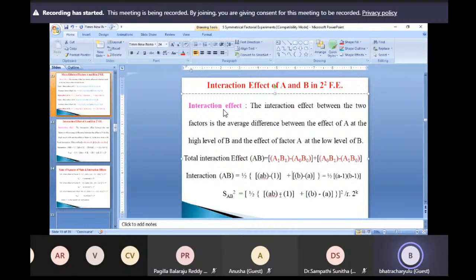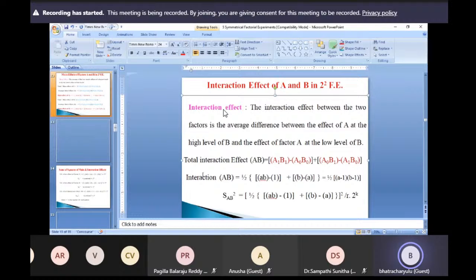So the average value is nothing but the interaction effect. Okay, so this is how we are calculating the interaction effect. Just ignore the last row.